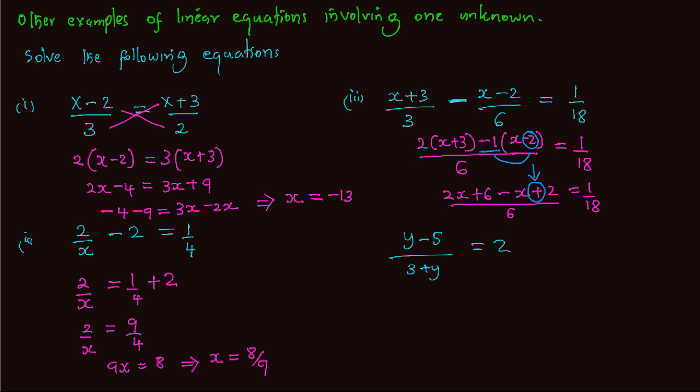So when we collect the like terms, we get that 2x minus x is x, plus 6 plus 2 is plus 8 over 6 is equal to 1 over 18. Multiply both sides by 6. So x is equal to a third minus 8, which is negative 7 and 2/3.